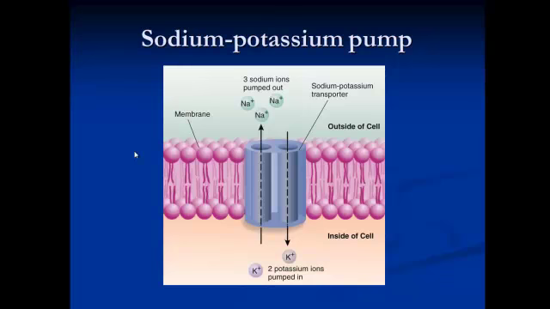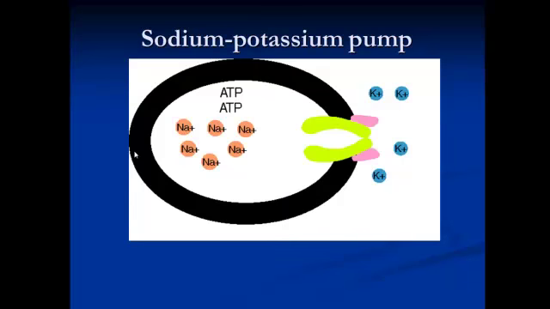However, we have a problem now. We have a lot of sodium in and a lot of potassium out. So we need to use some energy to pull sodium out of the cell and to pull potassium back in. Pull 3 sodiums out, pull potassium in. We get that energy by ATP.